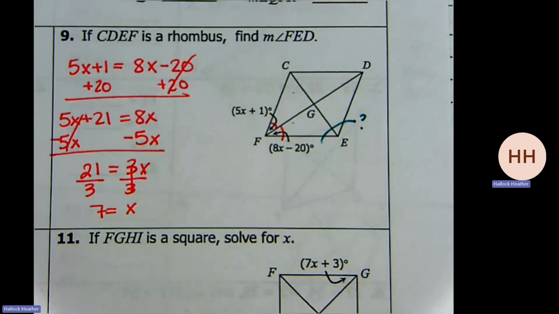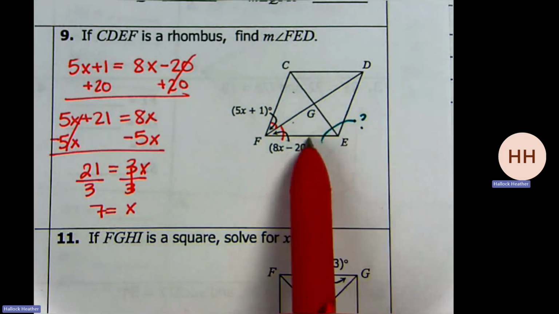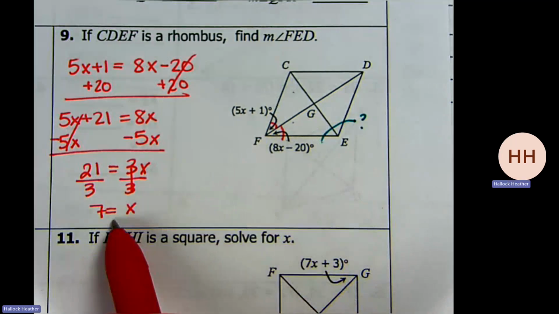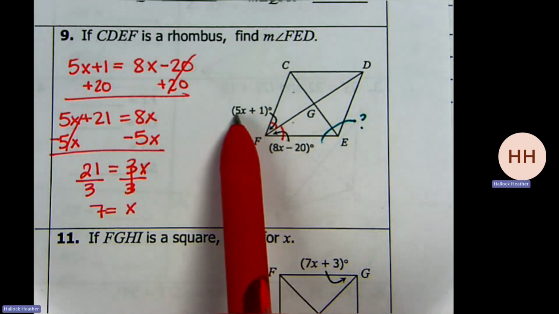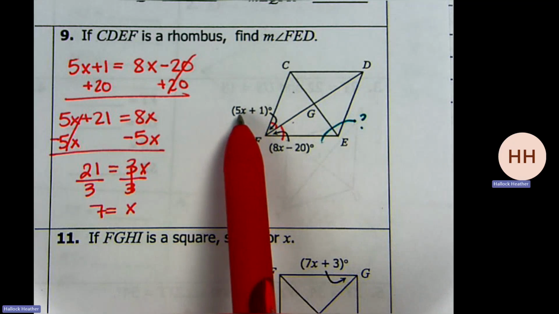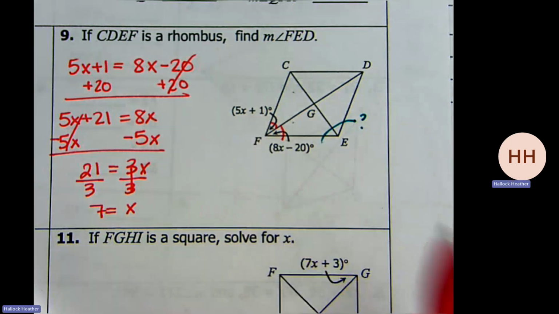Now I have to think about what I'm trying to do. If I know x is 7 and I'm trying to find this angle over here, let's start by plugging it in. If I plug x in, what is 5 times 7 plus 1 going to give me? 36.